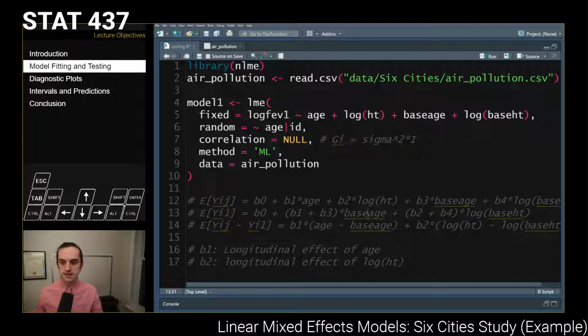Okay, so this gives a nice interpretation of these effect terms. And then correspondingly, beta 1 plus beta 3 is going to be the cross-sectional effect, because this is what we're looking at as the effect of baseline age, and beta 2 plus beta 4 is going to be the cross-sectional effect where it's looking at the log of baseline height. And so now we can ask questions about whether the cross-sectional effects and the longitudinal effects meaningfully differ.